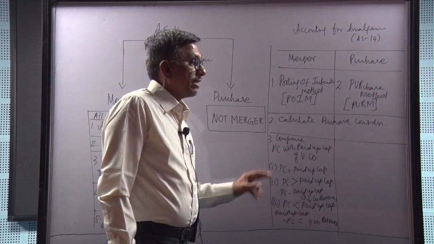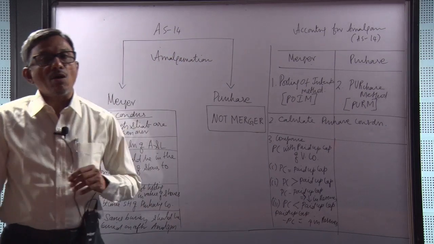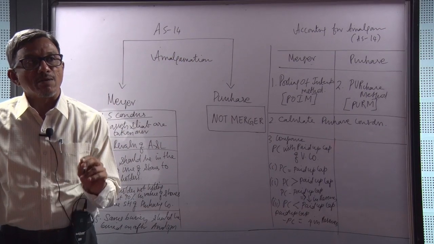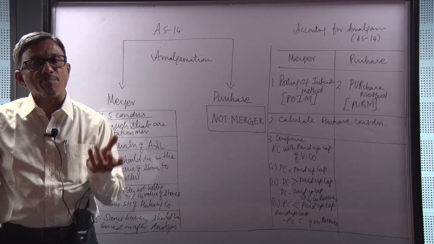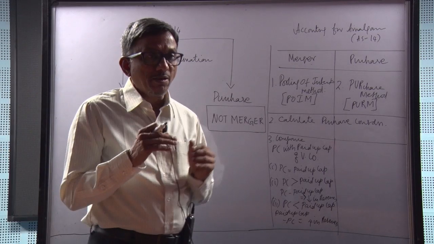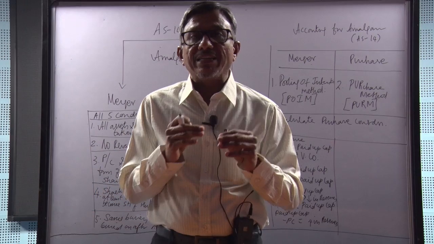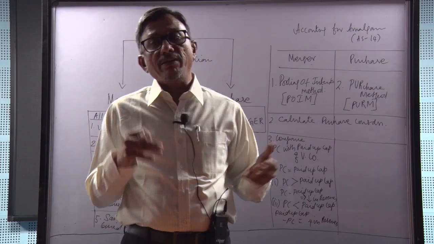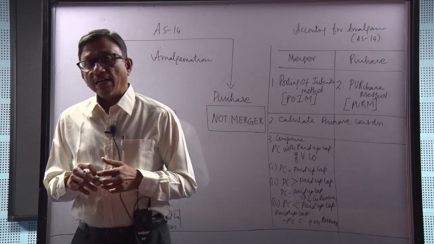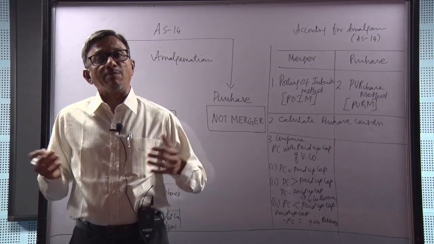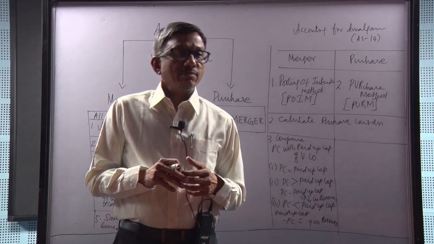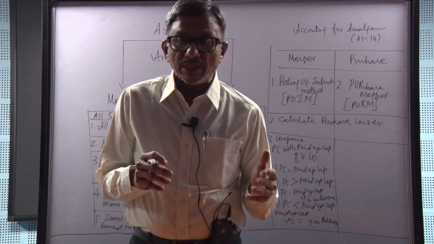In addition to that, in case of merger, all the other reserves of the vendor company will be taken over by the purchasing company. The adjustment will be made only in the general reserves. Every other reserve, maybe a revenue reserve may be there, balance in P&L account may be there, revaluation reserve may be there.